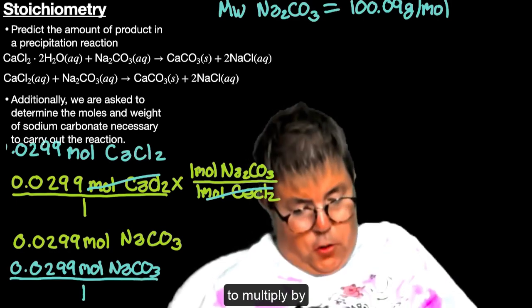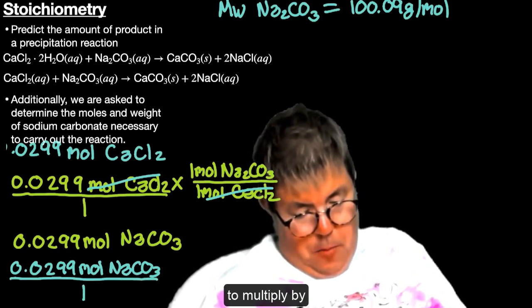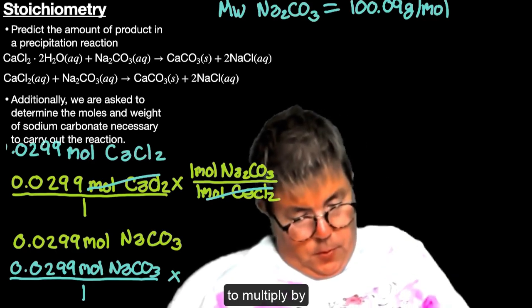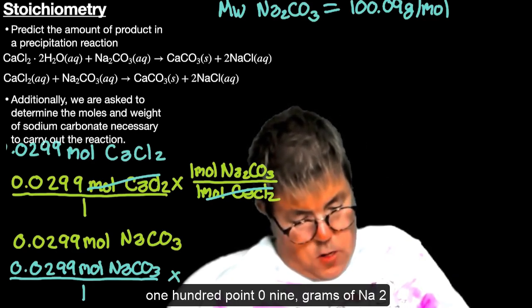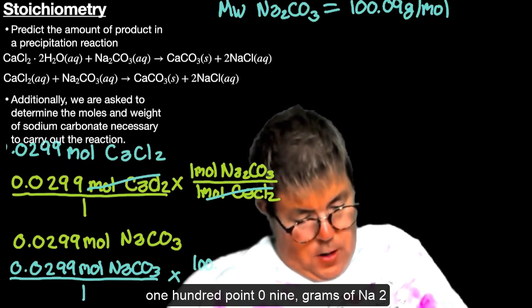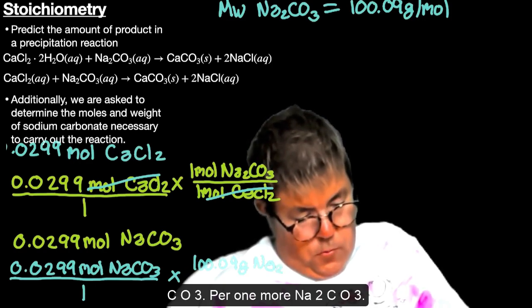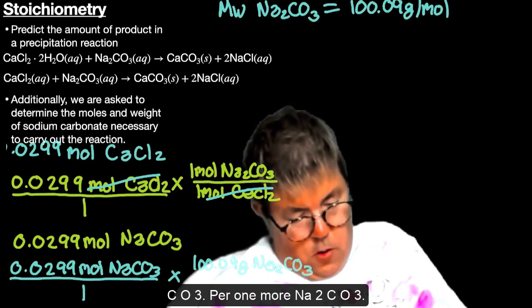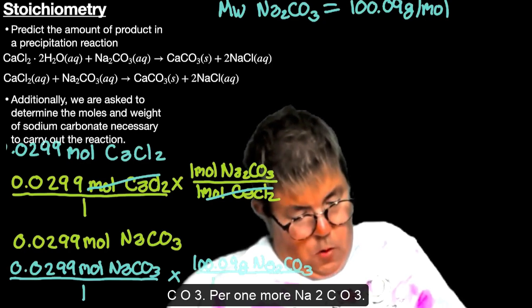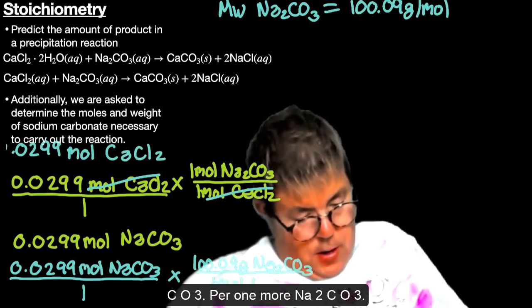And then we're going to multiply by 100.09 grams of Na2CO3 per 1 mole of Na2CO3.